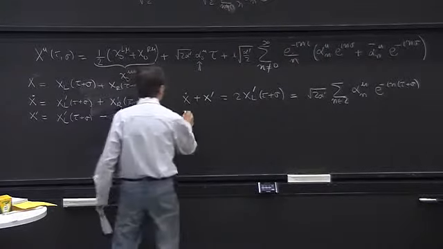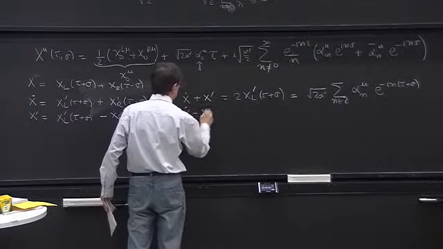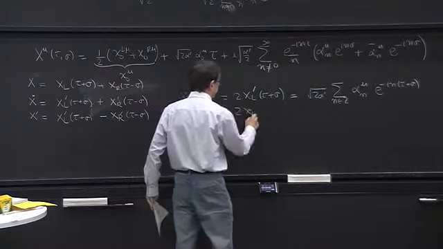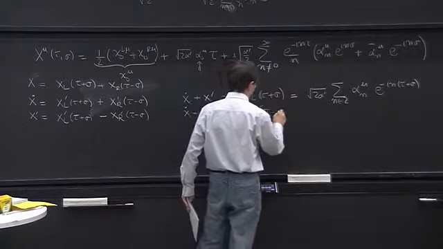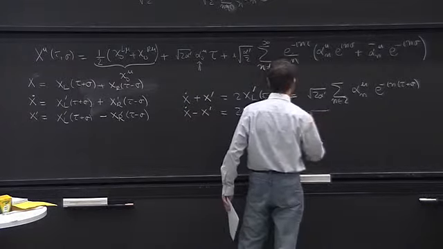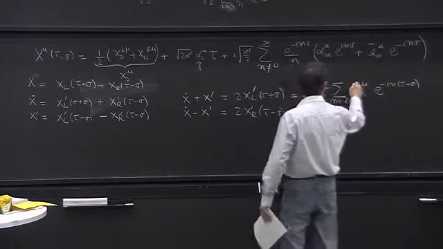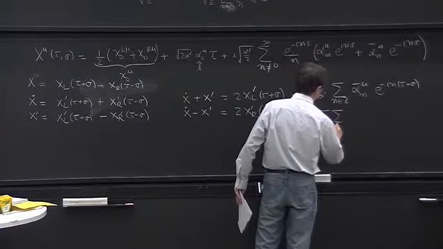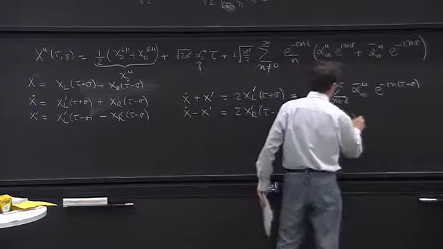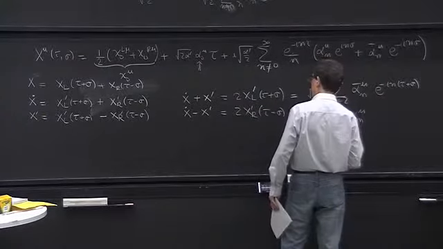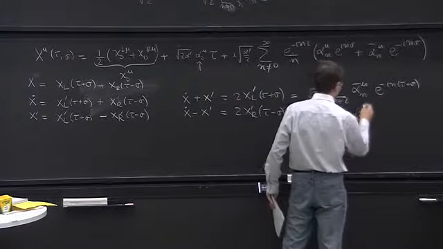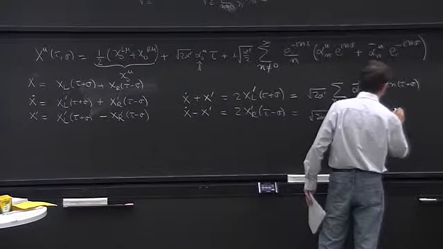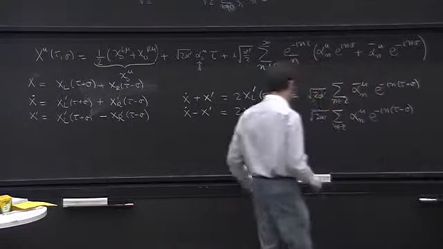And X dot minus X prime is 2 X right prime. And it's, for the right, I'm sorry, it's alpha n bars, square root of 2 alpha prime, n belonging to Z, alpha n bar mu. The mu's reappeared here for some reason, but it's okay. Tau minus sigma.